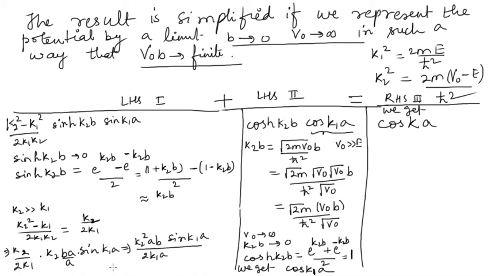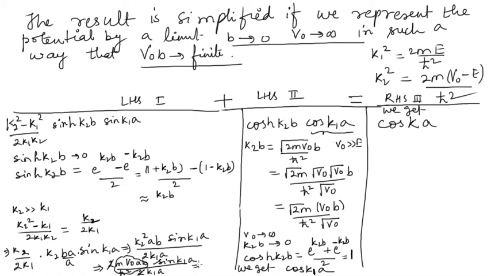If I substitute that, k2 square as 2m v0 ab sine k1a upon h cross square 2 k1a. 2 will cancel. What do I get? m v0 ab upon h cross square. This I write as a constant P.